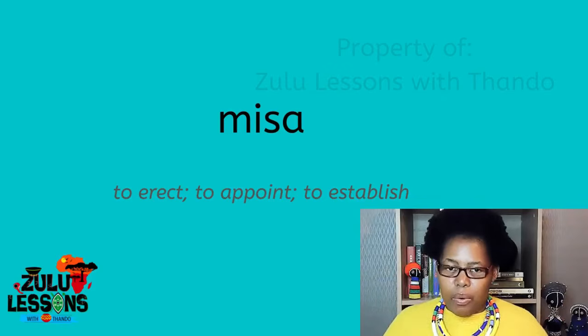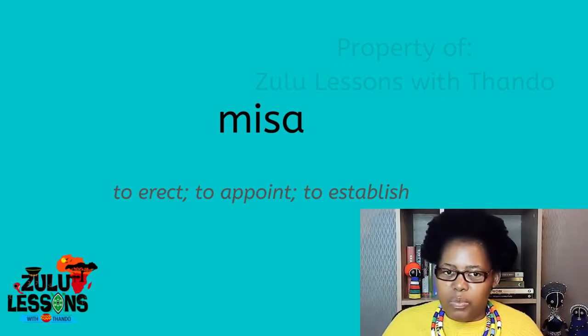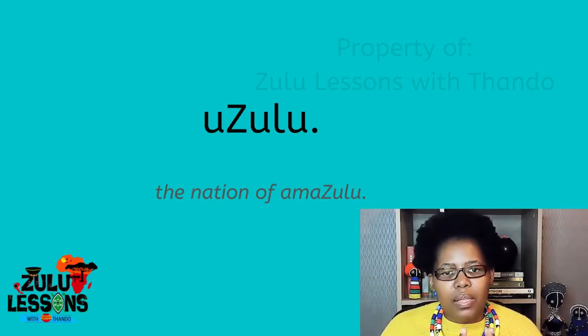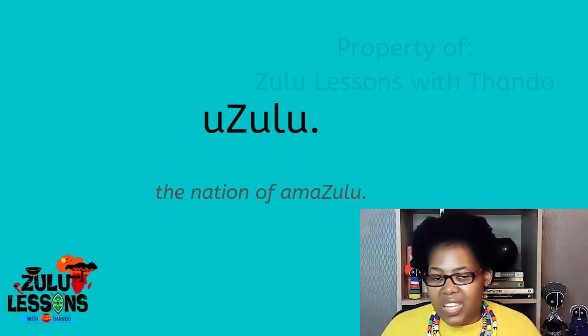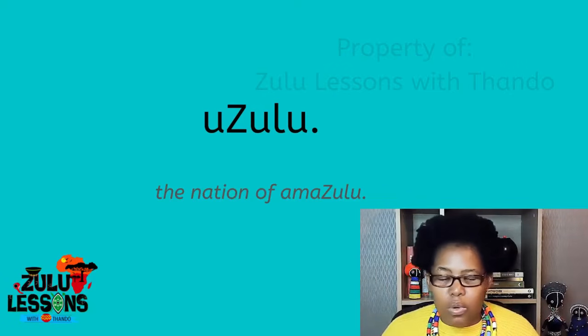Right? Now, let's have a sentence with this word. Let's add a noun. The nation of Amazulu, uZulu. So not the language, isiZulu, not the land of Amazulu, KwaZulu, no, but uZulu, the nation itself.